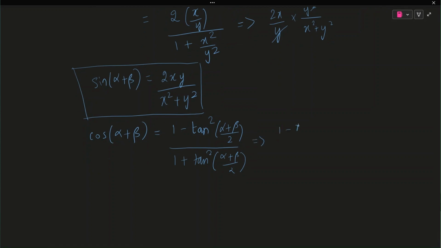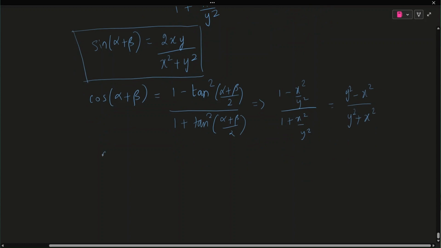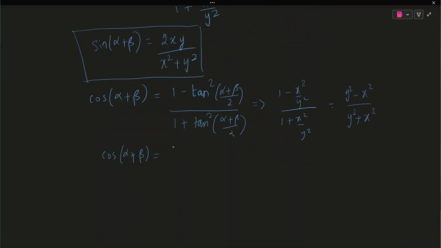So I would get 1 minus x square by y square divided by 1 plus x square by y square, and y square just gets cancelled, and we would get y square minus x square divided by y square plus x square. Okay. Cos of alpha plus beta is equal to y square minus x square divided by y square plus x square.